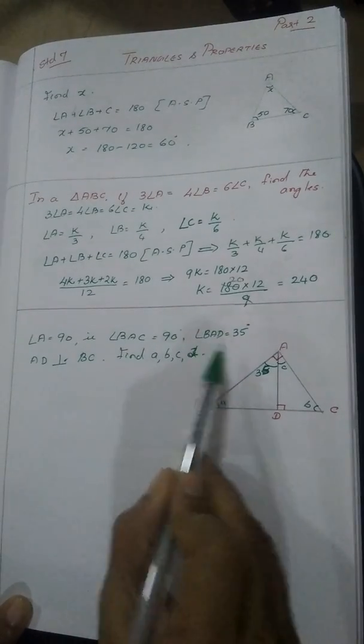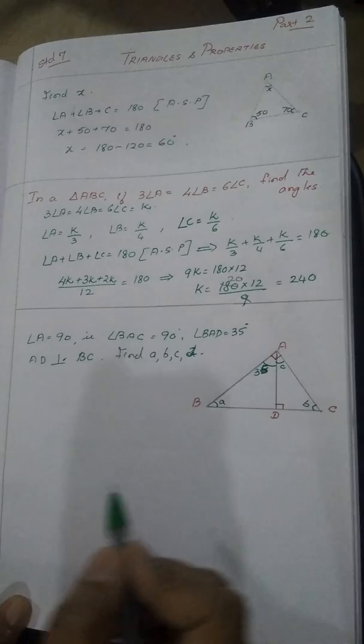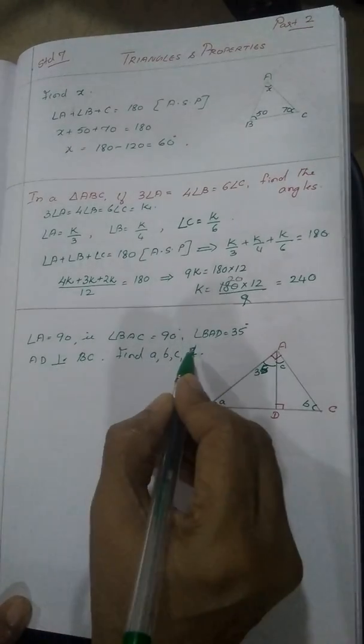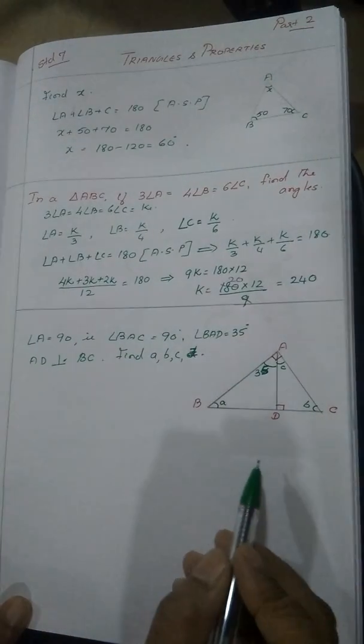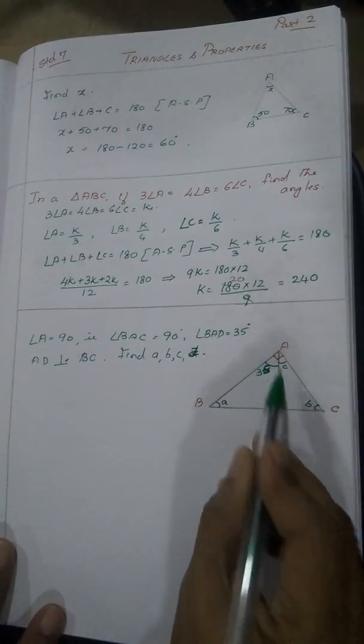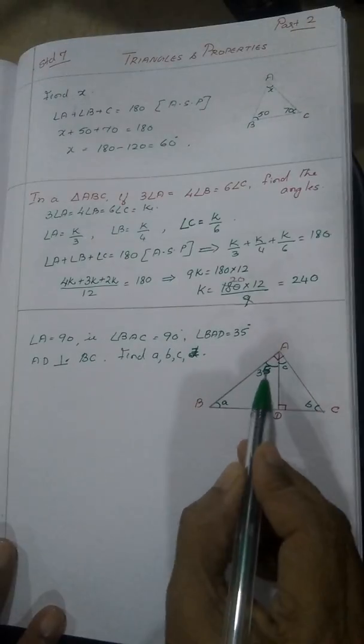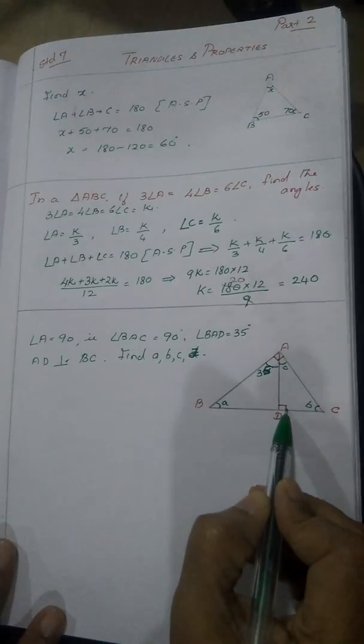It's also given angle BAD is equal to 35 degrees. Now we have to find angle A, B and C. So now this is given 35 and this is 90.